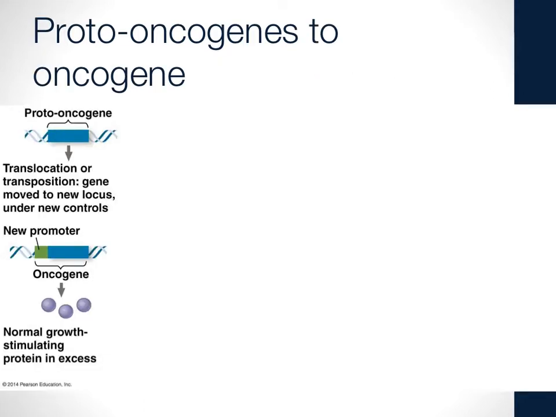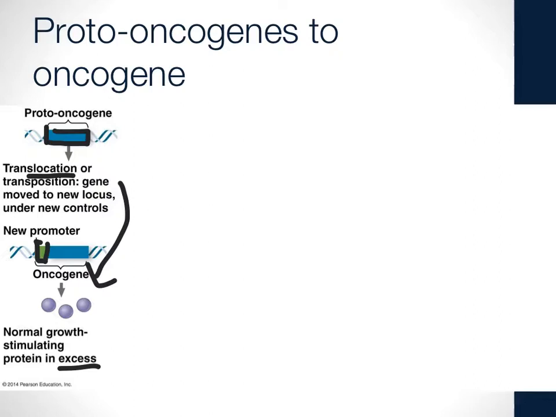Now, there are many ways a proto-oncogene can be mutated in order to become an oncogene and thus promote too much growth. Imagine one way would be if the gene was accidentally moved to a new location in the chromosome, maybe due to a mistake in DNA replication, where we get what's called a translocation mutation. Let's say that this proto-oncogene was put next to a promoter, which remember is a DNA sequence that controls when a gene is turned on and off. If it's put next to a really active promoter, this gene is going to be transcribed and translated into protein too often, producing too much protein.